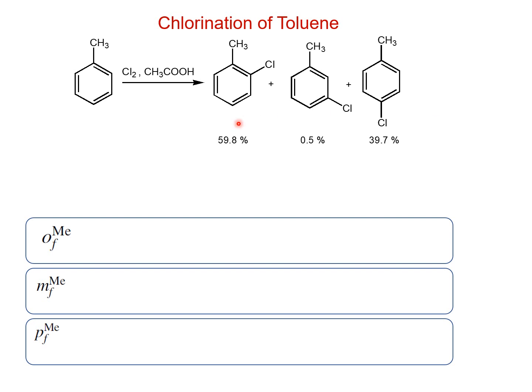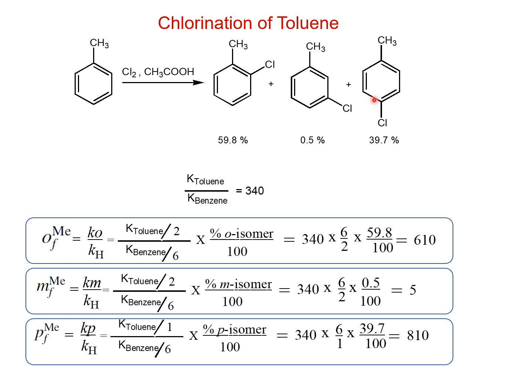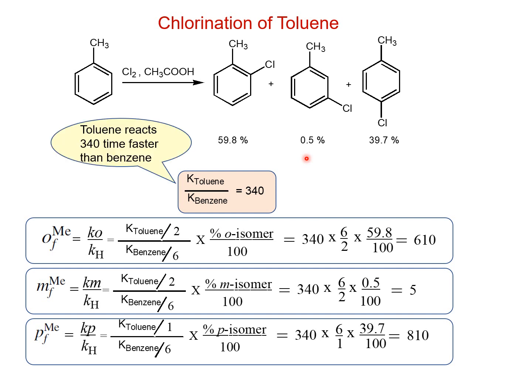To understand the concept in a deeper way, we will see one more example. Consider the chlorination of toluene with chlorine and acetic acid. Again, here we get three different isomers. The rate ratio was found to be 340.